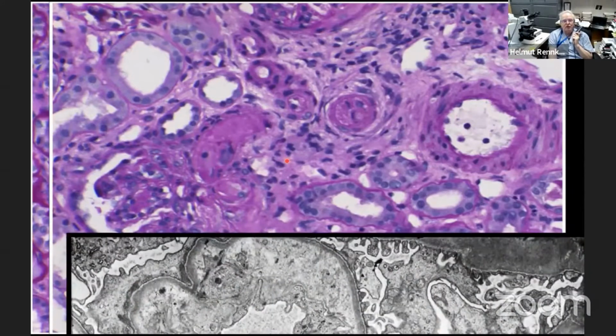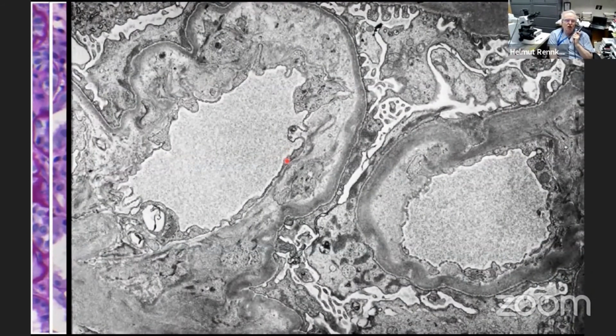And of course, the electron microscopy never fails in showing you the thickening of the capillary wall by this widening of the subendothelial space. In this particular case, there was no recent activity probably of the disease, and therefore the endothelial cells look reasonably well preserved, but the remodeling of the capillary was there.